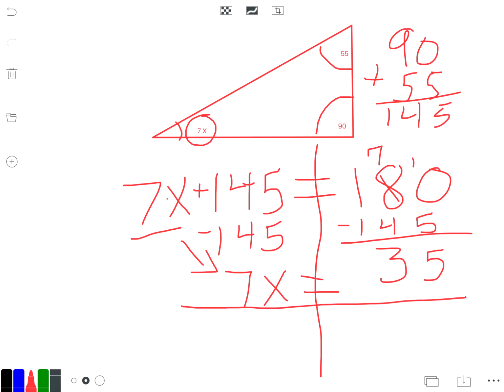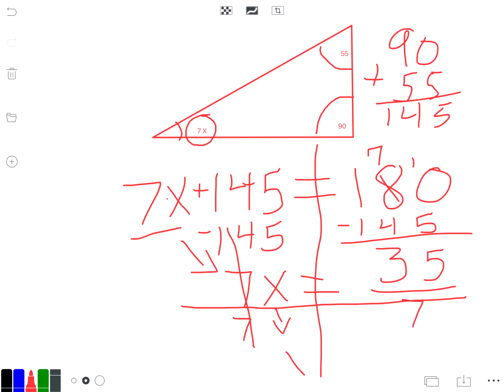And remember how to solve this. If you have a variable and another number together, like 7x, that equals 35, you could divide by the number that's with the variable. So we do that on the left-hand side. On the right-hand side, 35 divided by 7.